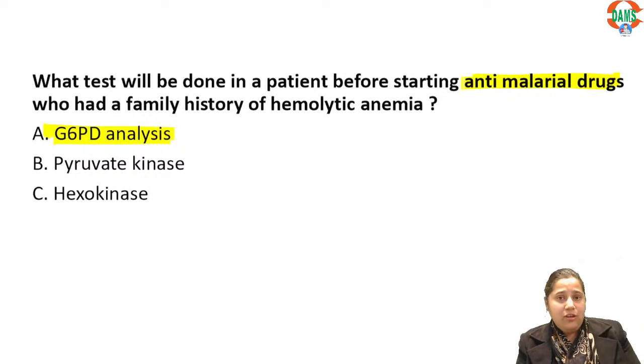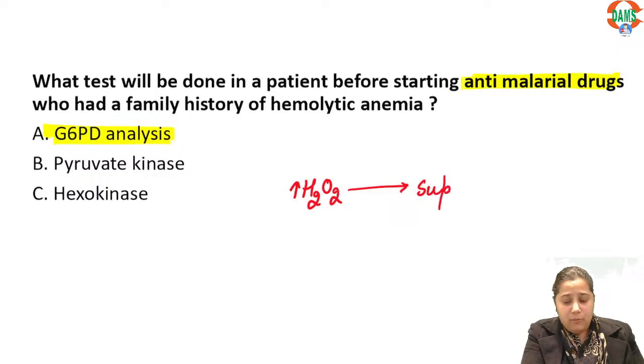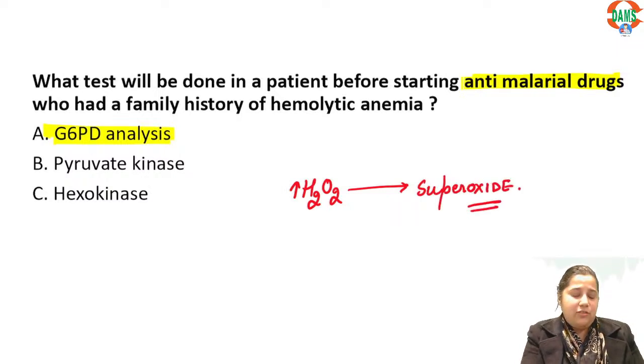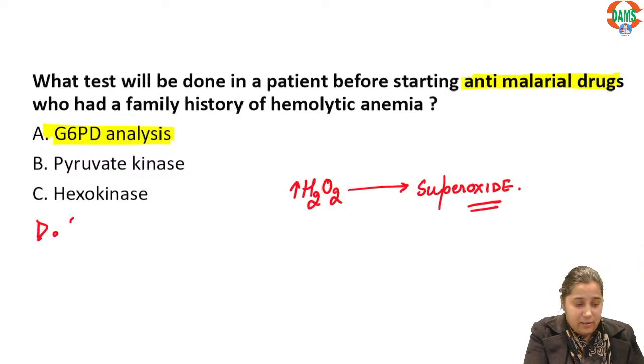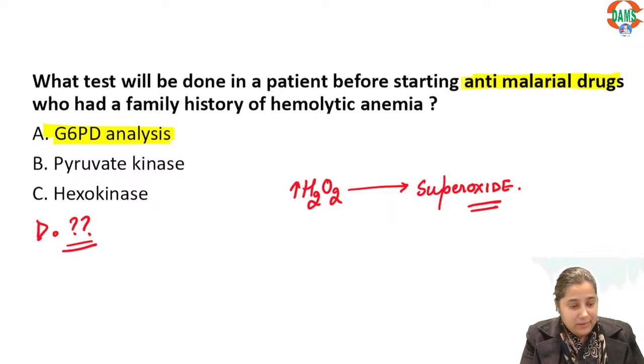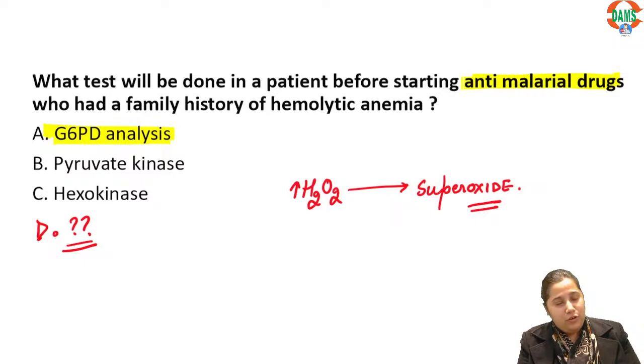In G6PD deficiency, the patient already has high circulating hydrogen peroxide, which is converted to superoxide free radicals. The more the superoxide formation, the more the hemolysis, and hence this patient must be analyzed for G6PD. If option D is suggested, G6PD analysis should be done.